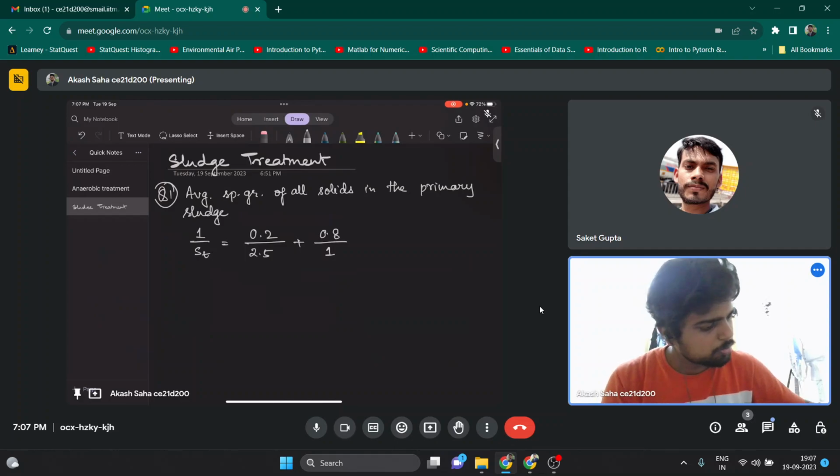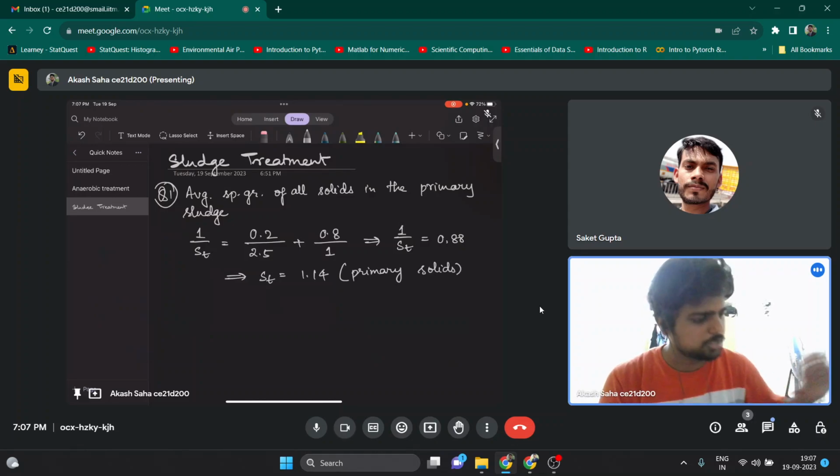So this will give 1 by St equal to 0.88. Hence, I will get St as 1.14. This is for my primary solids.